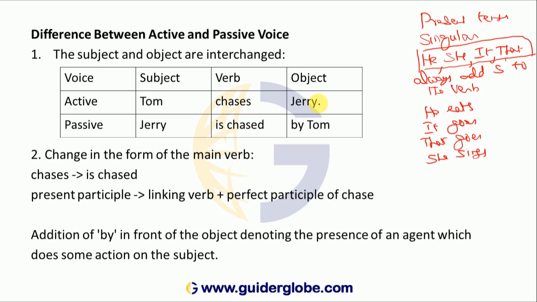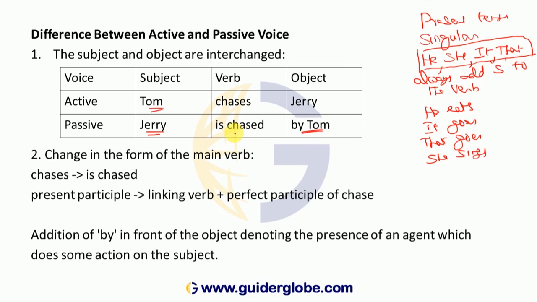I told you, bring the object to the front part of the sentence: Jerry. You put Tom, the subject, in the last part of the sentence: by Tom. I told you, before by, V3 should come. Verb 3: chase, chased, chased.